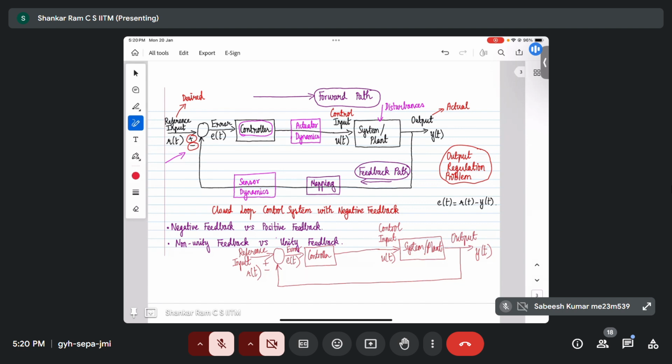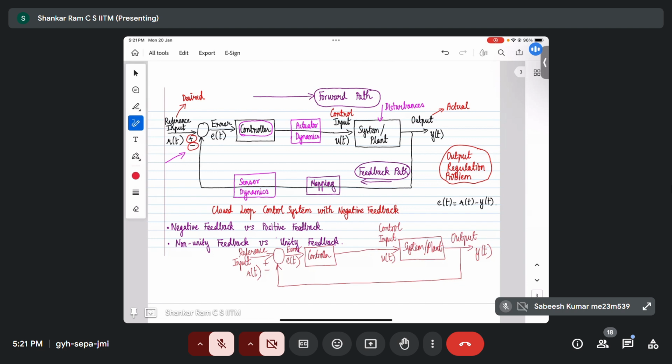Initially, when there is no feedback, no loop, we just call U of t the input. But when a controller calculates that input and then provides it to the system, that same input is known as the control input. Okay.